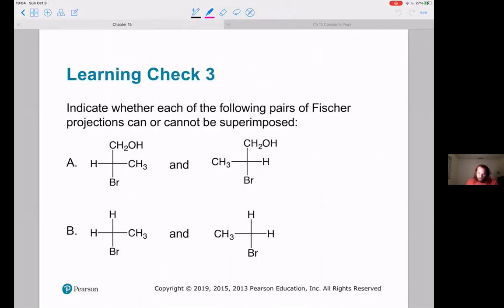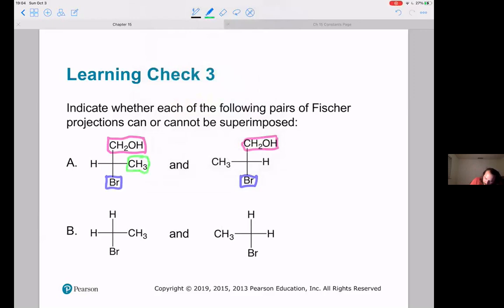So determine whether the following pairs of Fischer projections can or cannot be superimposed. Remember, if they cannot be superimposed, that's another word for an enantiomer, right? So here, let's see what's the same. This group is at the top here, it's at the top here. This group is at the bottom, at the bottom.